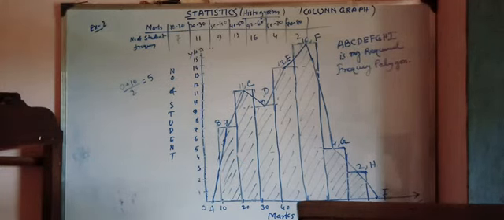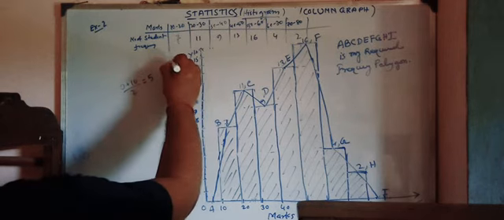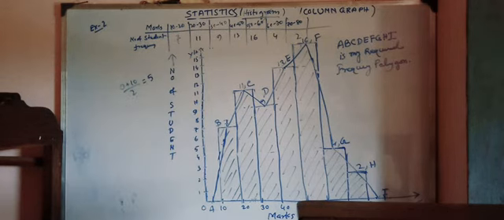If you do not understand, then comment in my comment box so that I can give you a better idea for that. That's it for today's topic. Various types of questions are given in the R.S. Agarwal math book.